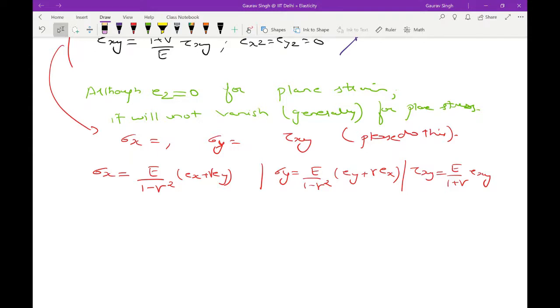So Ex would be equal to dou u by dou x, Ey would be equal to dou v by dou y, and Ez will be equal to dou w by dou z.